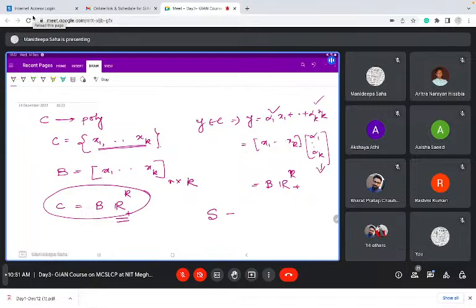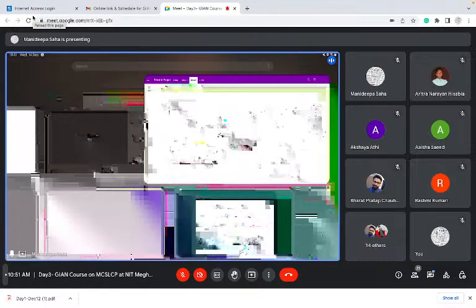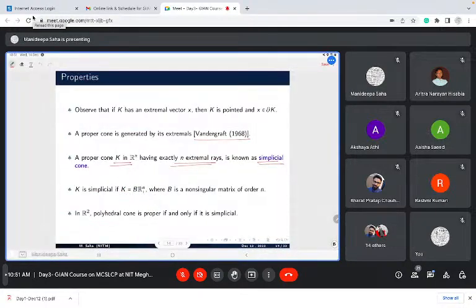We can write it as B R^n plus, where B is an n cross n matrix and it should be invertible. So here the B was a non-square matrix, and here it is a square matrix, and eventually this is an invertible matrix. This is a non-singular invertible matrix of order n.